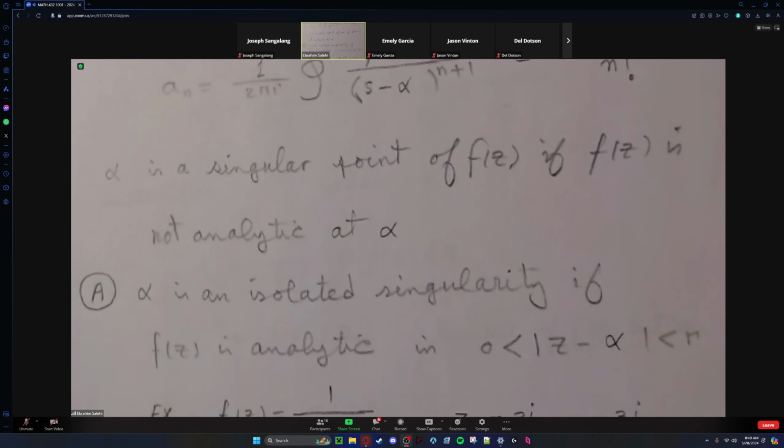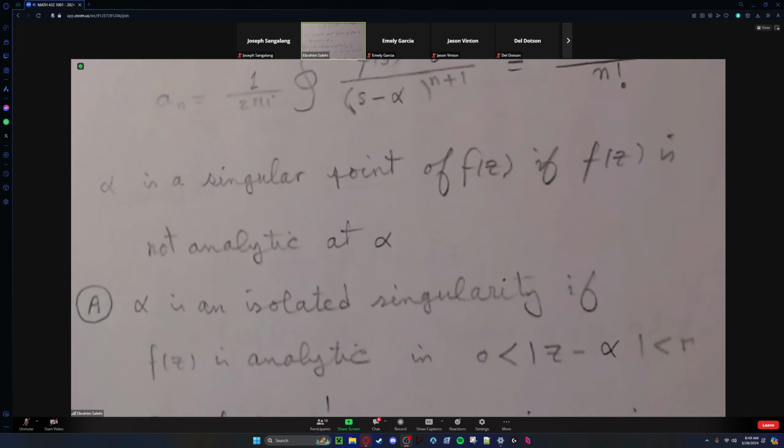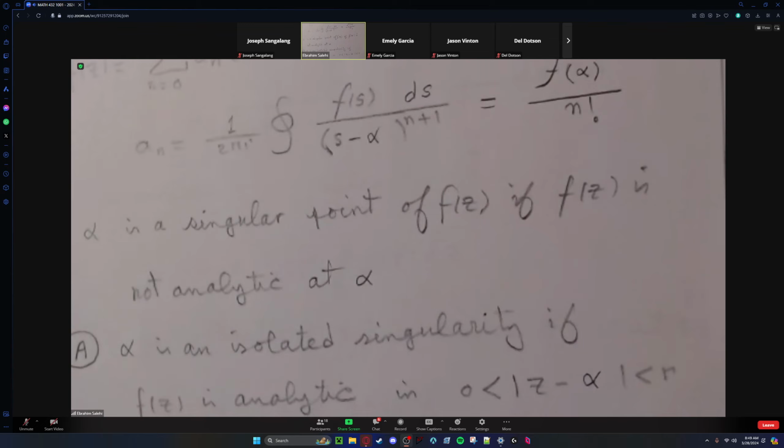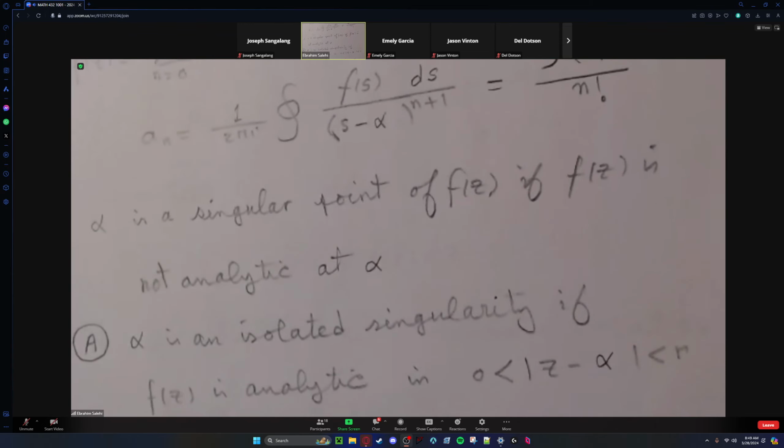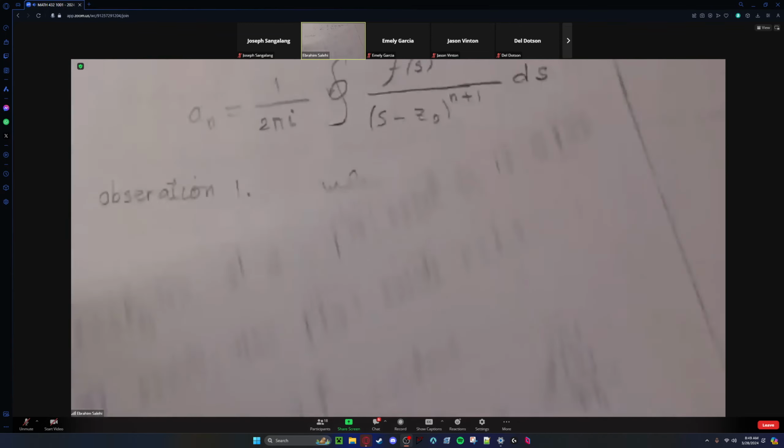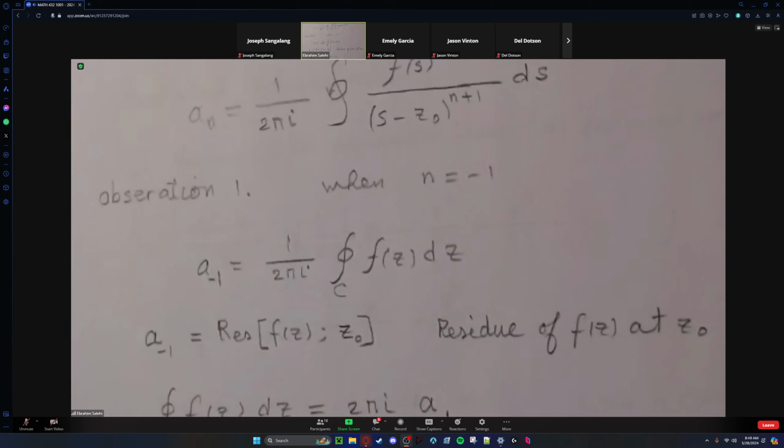By looking at the essential part of the Laurent series, we can decide whether that particular bad point is a pole of order n or removable, or whether it is an essential isolated or non-isolated singularity.